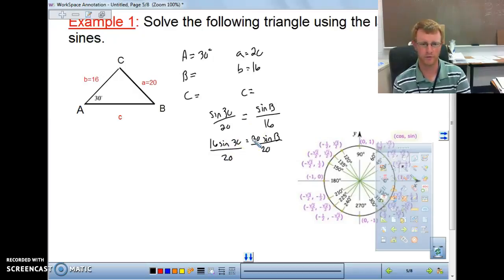So remember, we're solving for sine of B, not B. So sine of B is equal to 16 sine of 30 over 20.